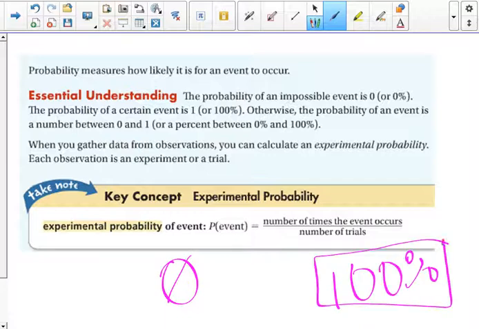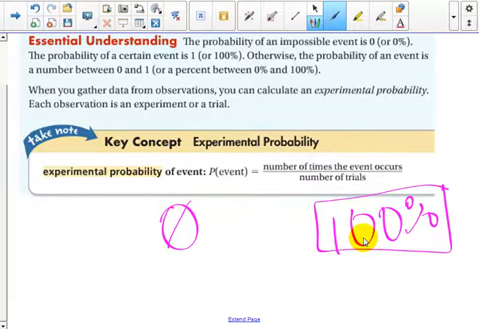So if it's raining outside, we say, well, there is a 100% chance of rain. 100% means it's happening right now. It's totally going to happen. So from 0% meaning not likely at all to 100% meaning it's going to happen. You will also see this as 0 and 1. And then everything in between are the chances of the probability that it might happen.